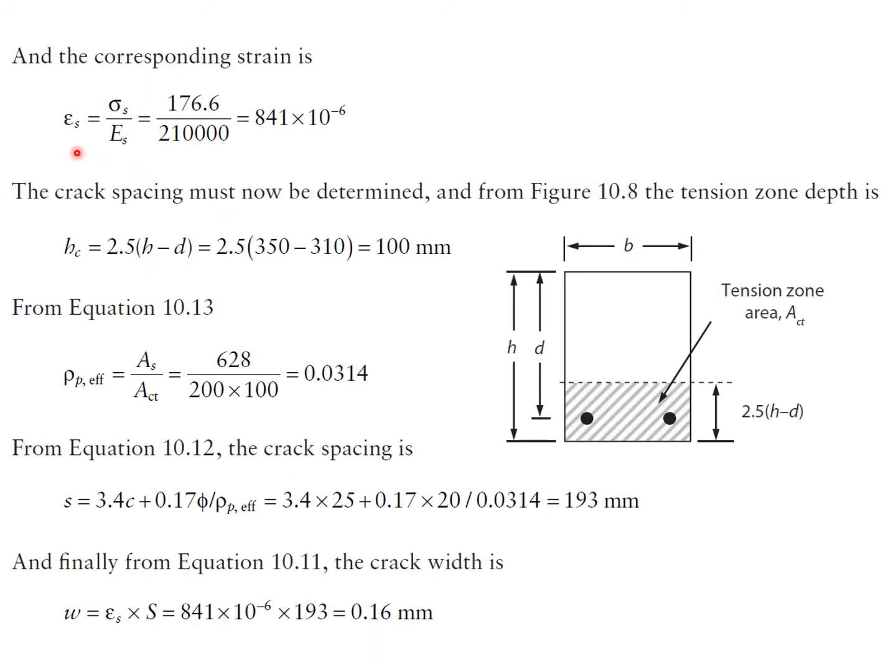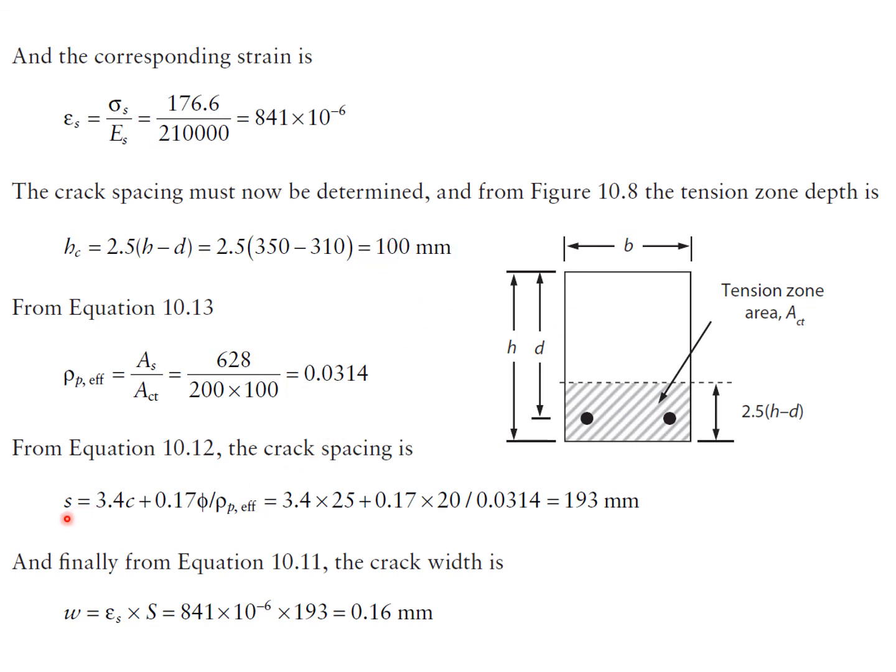And the corresponding strain in the steel is that stress divided by Young's modulus. And then we've got to apply this Eurocode formula. We need the effective reinforcement ratio. The effective reinforcement ratio is the area of tension steel, which is 628 millimeters squared, divided by the tension zone area, which is the width, 200, times 100 millimeters, which is 2.5 times the overall depth minus the effective depth, which comes out at 100 millimeters.